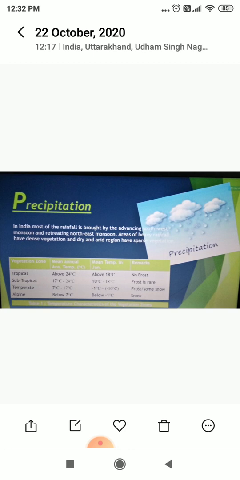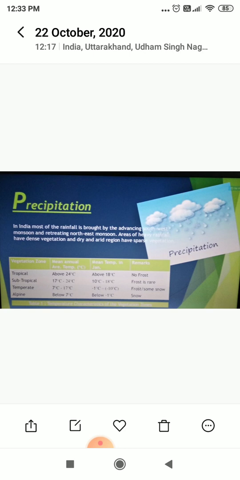In India, almost the entire rainfall is brought by the advancing southwest monsoon. We have the monsoon season, identified from June to September, and the retreating monsoon, or winter rainfall, from September to October.